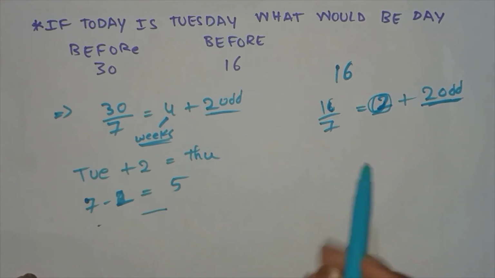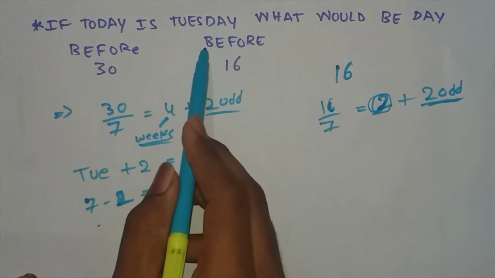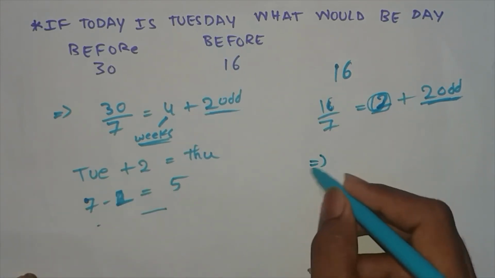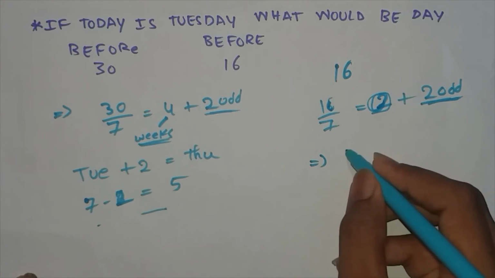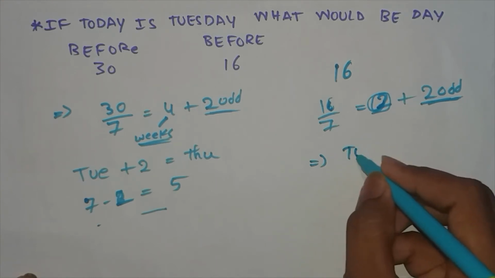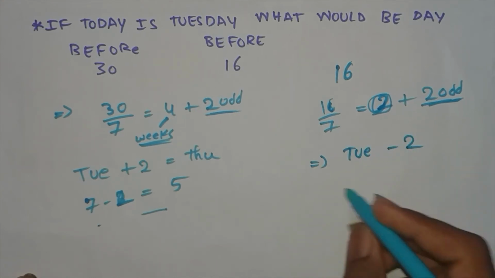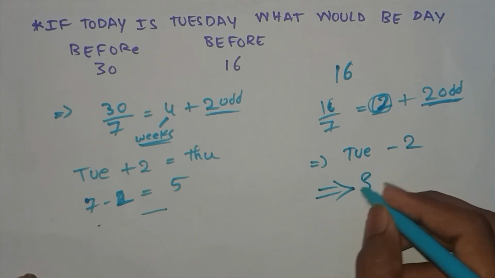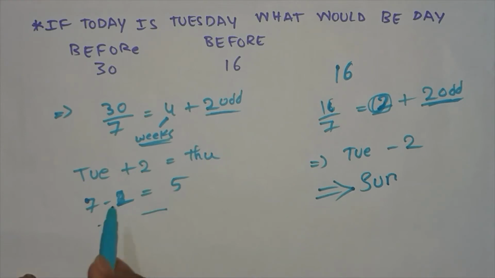In the given question they have asked before, so subtract 2 from the given day, that is Tuesday minus 2. It gives me Sunday. So here also, read the given question carefully, because they may ask before or after.